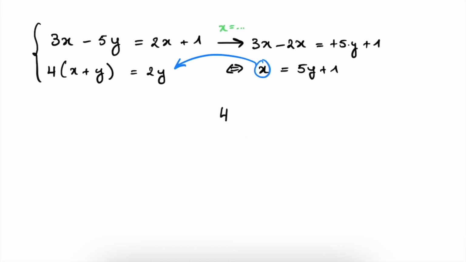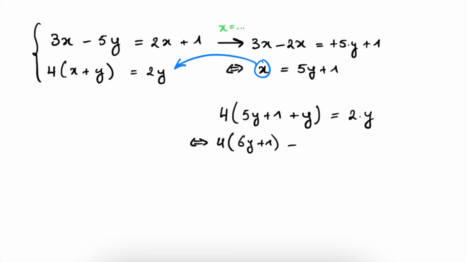So we have 4 times x plus y, and x is 5y plus 1. So we have 4 times 5y plus 1 plus y, and the second plus y just is a copy of this one, is equal to 2 times y, which is basically the right hand side of this equation. Rewriting this, we get 4 times 6y plus 1 is equal to 2 times y.